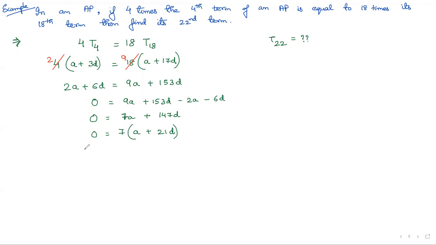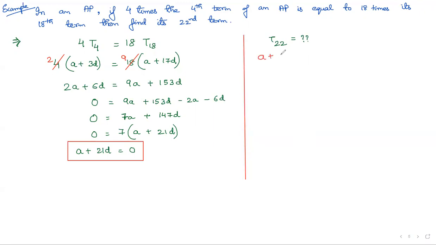So basically from this, what did I get? A plus 21D is equal to 0. This is what I can conclude from the given condition. Now what did they ask me to find out? They asked me to find T of 22. What is T of 22?